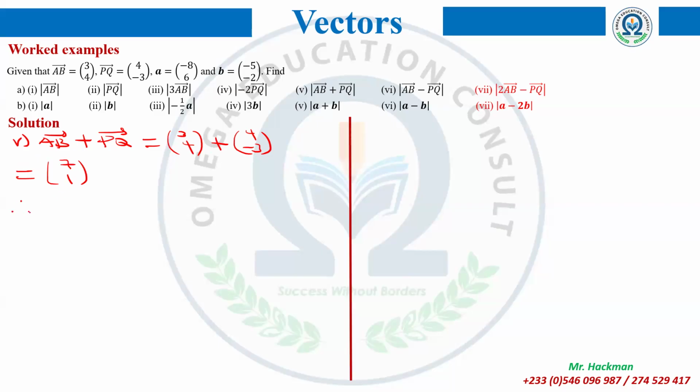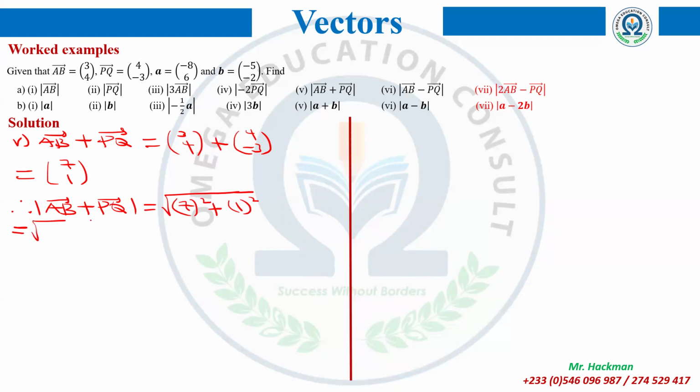So I'll write therefore the magnitude of the vector AB plus the vector PQ will be equal to, I know the formula, x squared, so x is 7, squared, plus y squared, y is 1, squared. Again, you can see that I'm coming to my next line, so I write equal to close to the margin. It's not necessary for your equal to be in line. Push it so that you create room for your rough work or even continuation of your main work.